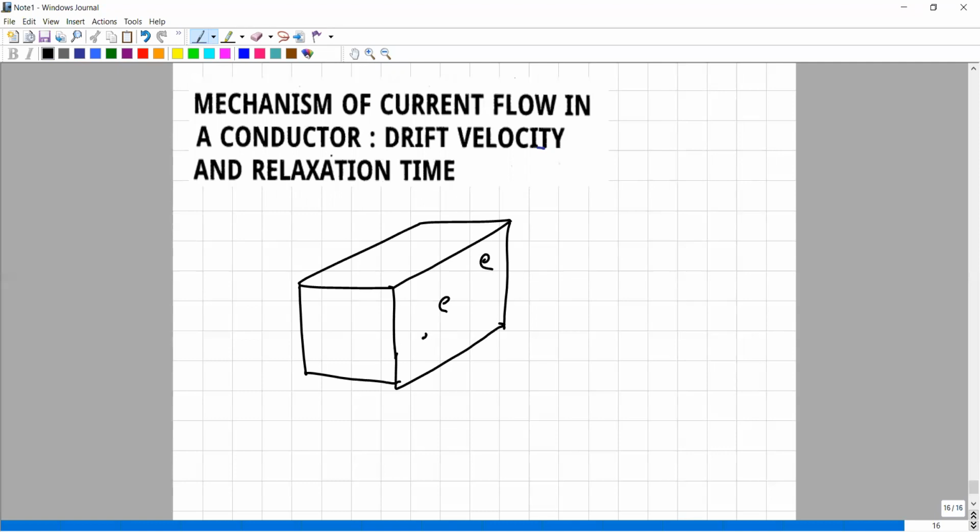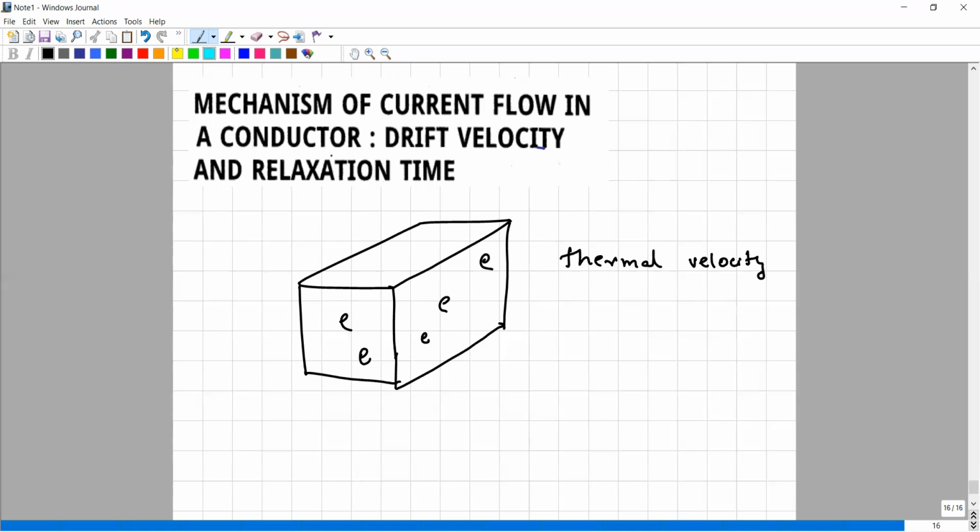Now all these electrons, I'm talking about the free electrons, will have some velocity. Why? Because they are all at a certain temperature. You know that at a certain temperature there would be kinetic energy of the particles of the system. All this you already know. So these electrons will have some velocity, and that velocity we call thermal velocity. Why thermal velocity? Because it is because of the temperature.